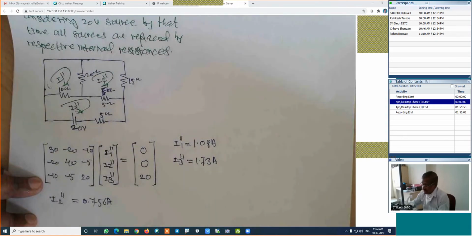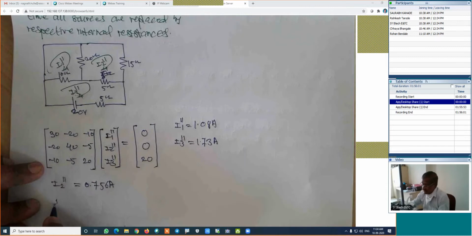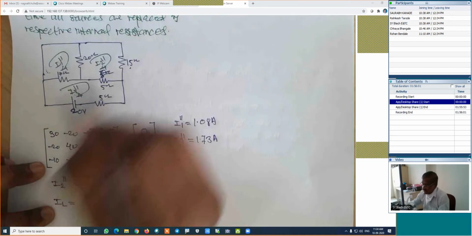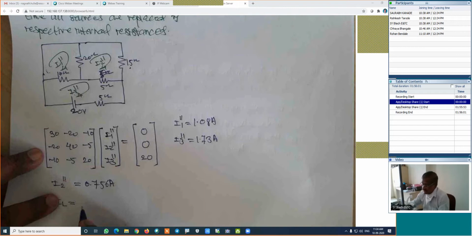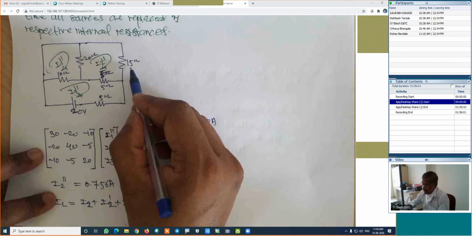Now finally, coming back, as per the superposition theorem, this final current, which I will call the load current, our current in this 15 ohm, is equal to the algebraic summation, which is nothing but I2 plus I2 dash plus I2 double dash, because we are interested in the 15 ohm.